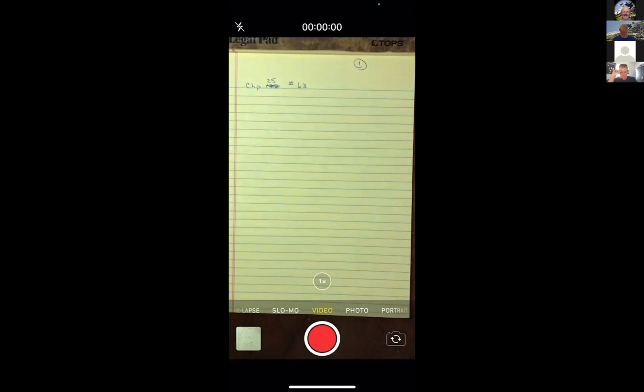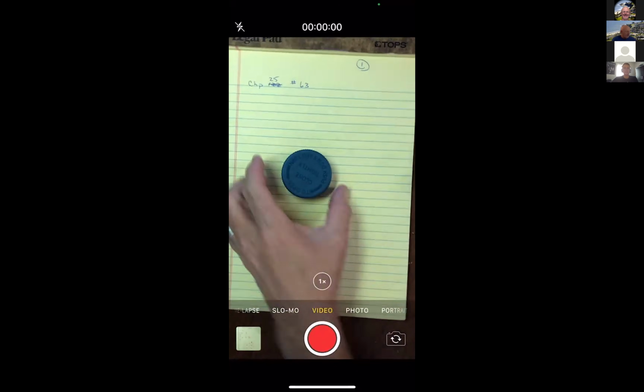I'm kind of looking around if I have anything that looks like a disk. I do have, how about this cap? There's a cap of my Advil bottle. How's that? All right.